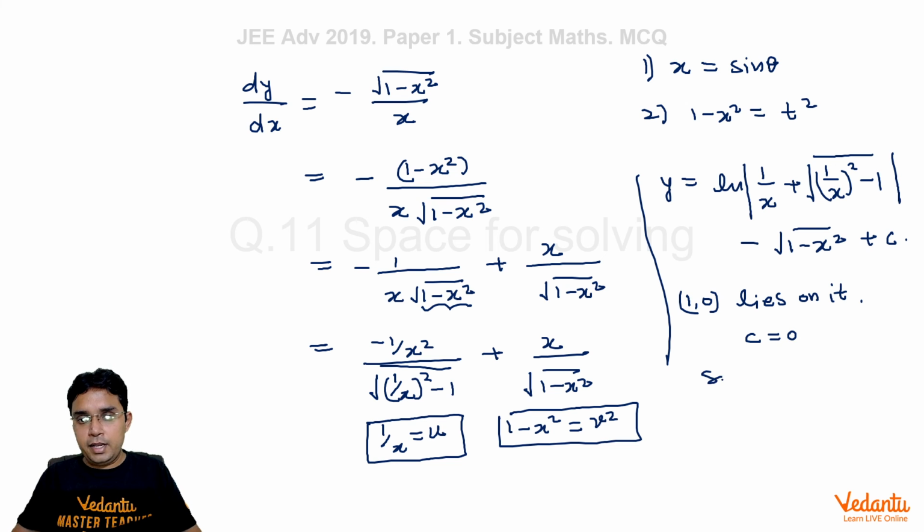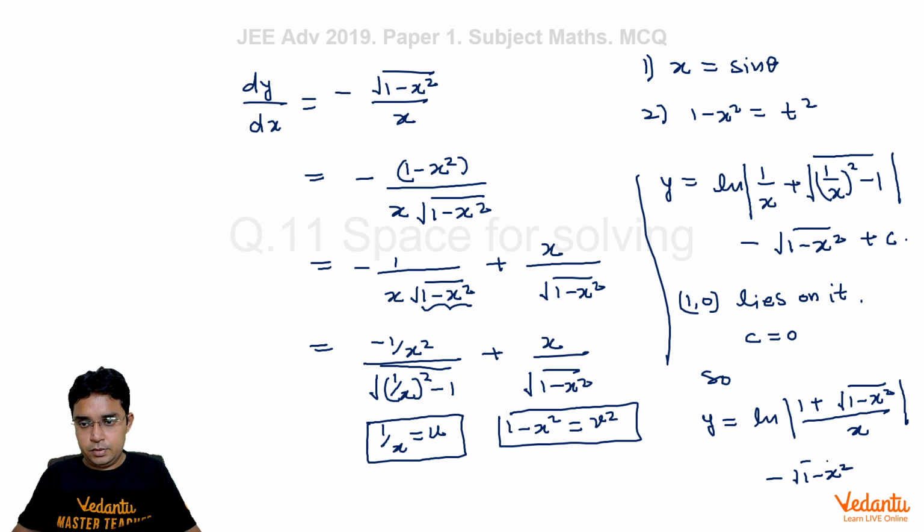So the final answer here is y is equal to ln of (1 plus root over 1 minus x square) upon x, minus root over 1 minus x square. This mod can be removed also because x is positive. So this is the final answer.